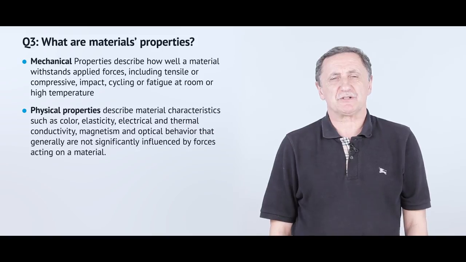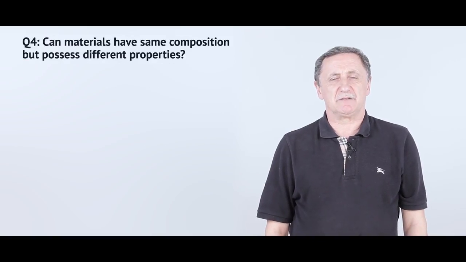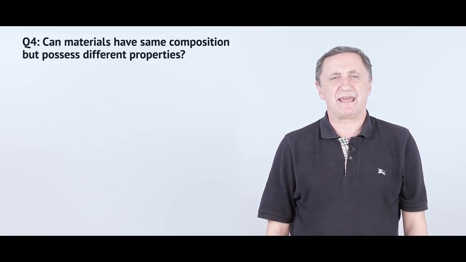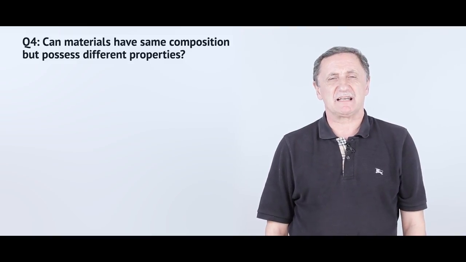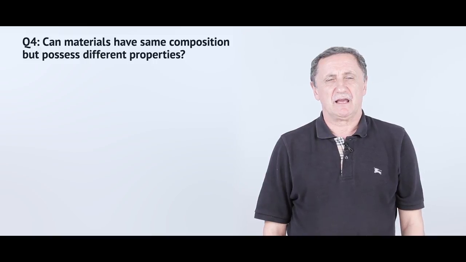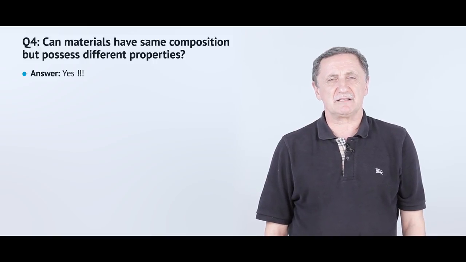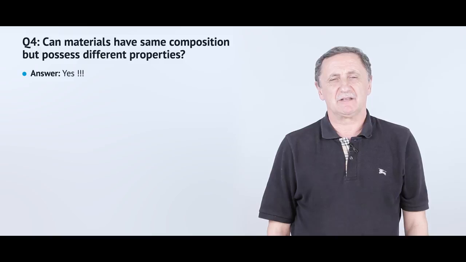So the next question is: can a material have the same composition but possess different properties? And the answer is, of course, yes. And you can give me very many examples of that.